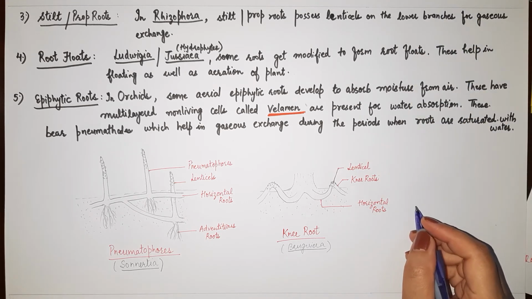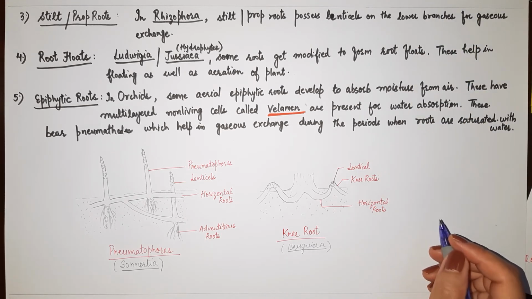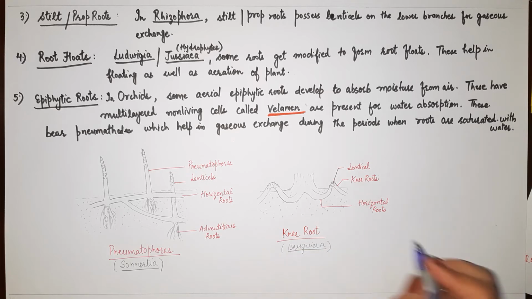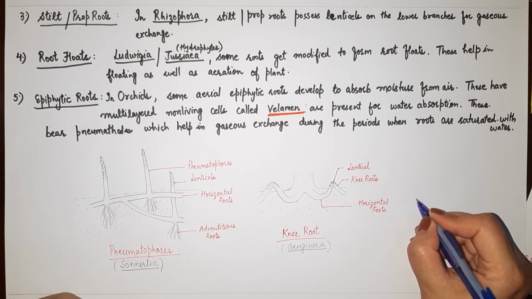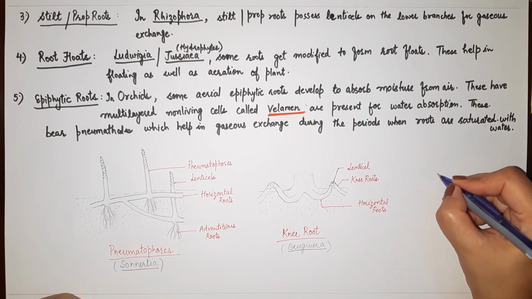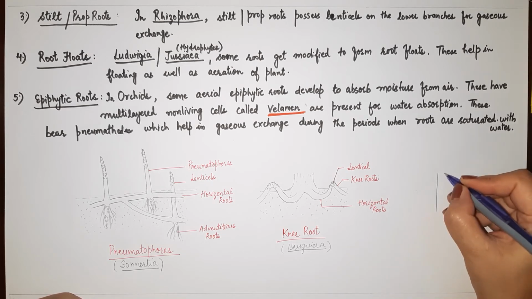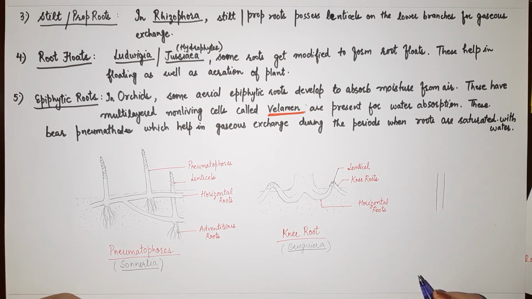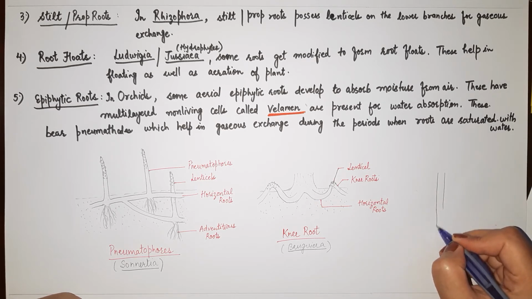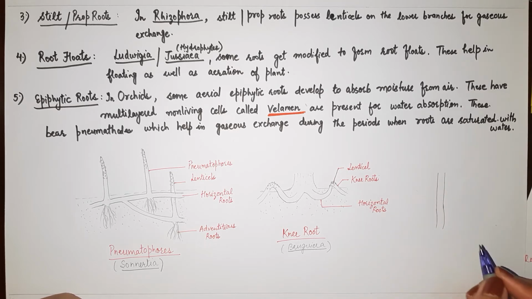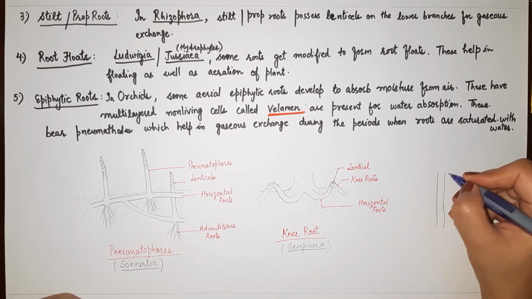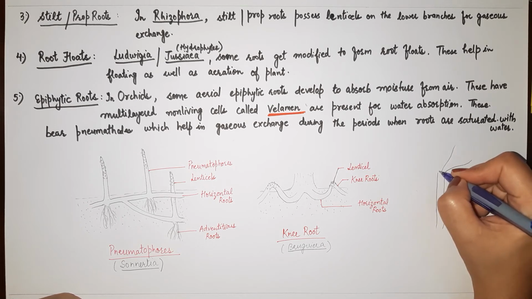Now the third one is stilt or prop roots as found in case of Rhizophora. So we are not going to draw complete structure of the shoot part, the crown. We will only represent 2 or 3 branches. So let's suppose this is, it's not perfectly straight, slightly asymmetrical structure, and we have the crown of leaves at the top.